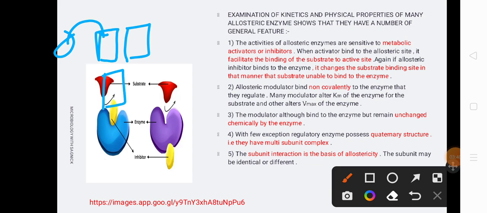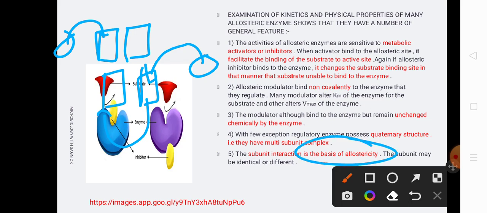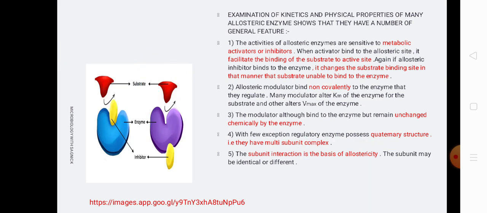Similarly, again another substrate comes to the substrate binding site of one subunit of the enzyme, and it will create an impact on the next one. So that is how it works. That is why the interaction between subunits is very important, and it is the basis of allostericity.